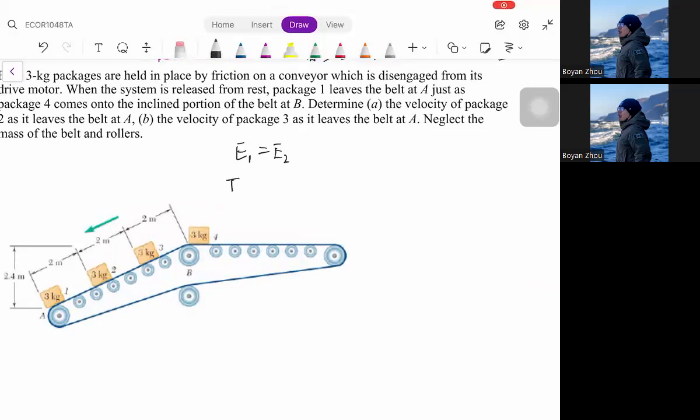It's the kinetic energy at the first state plus the work done by the external force from 1 to 2 is equal to the kinetic energy at the second state. These two equations are actually the same, just the order of the equation is a little bit different.